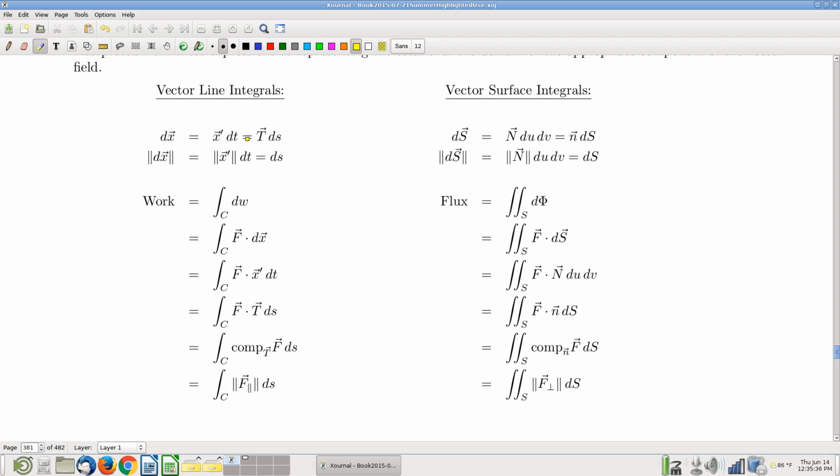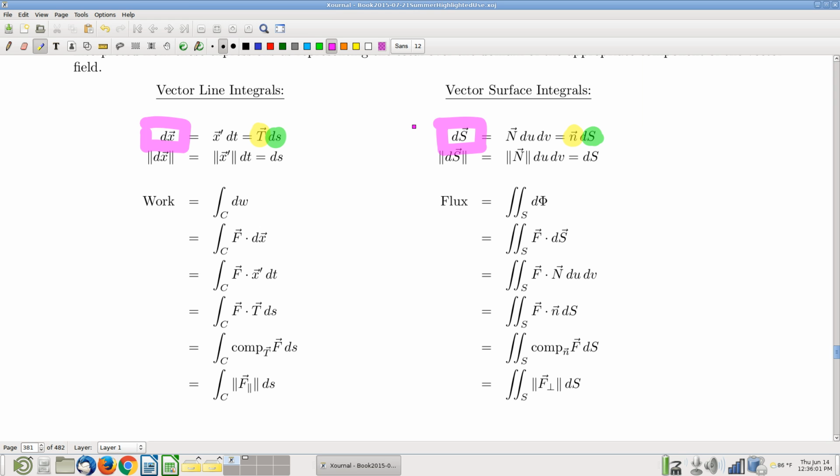So, the unit vectors that you multiply by sizes give you your domain differentials. So your position differential here, your surface differential there.